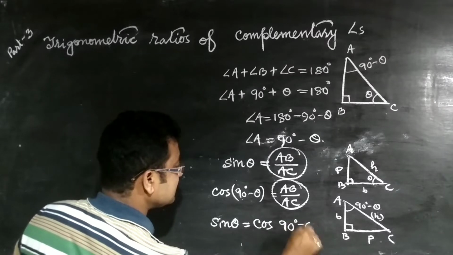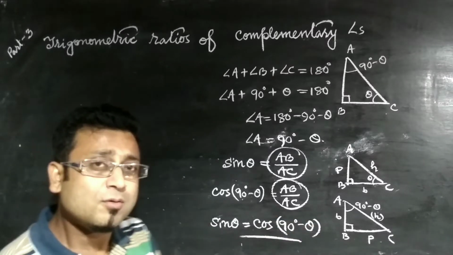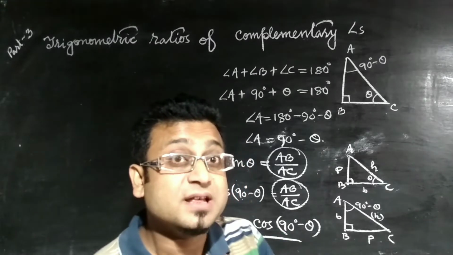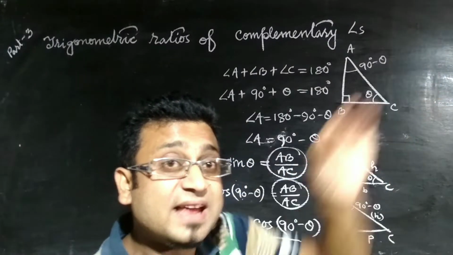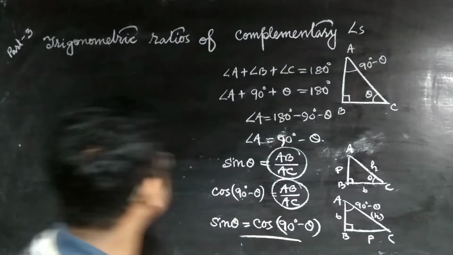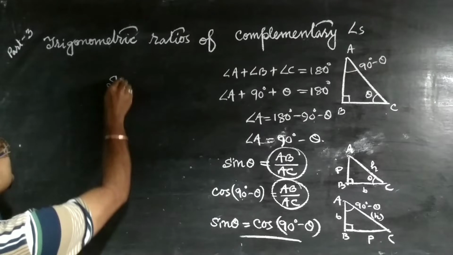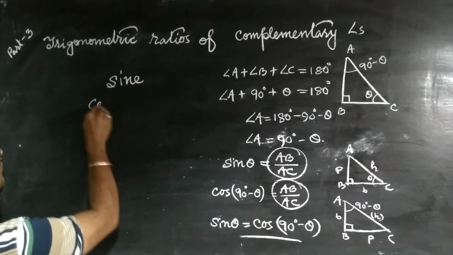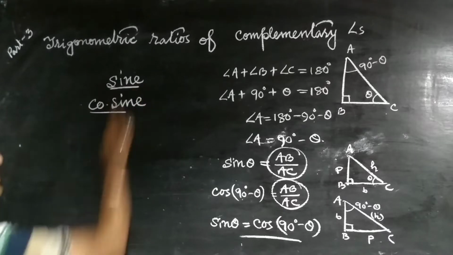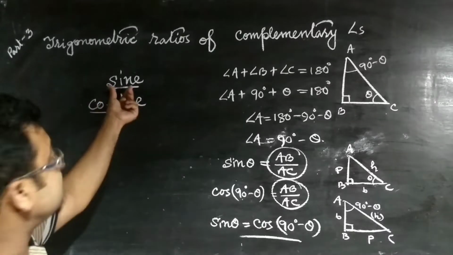Now recollect the full names of the trigonometric ratios that I told you on the first day. I said that sin, cos, tan are short names. The actual name is sine, S-I-N-E. Then we said cosine. Cosine's short form is cos, sine's is sin. We are writing only the first three alphabets.